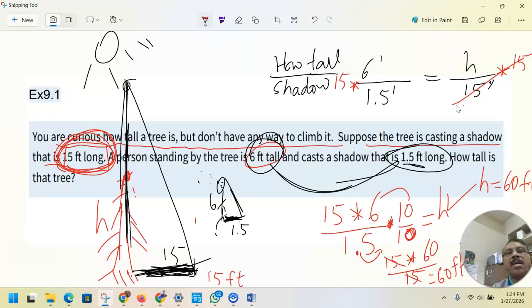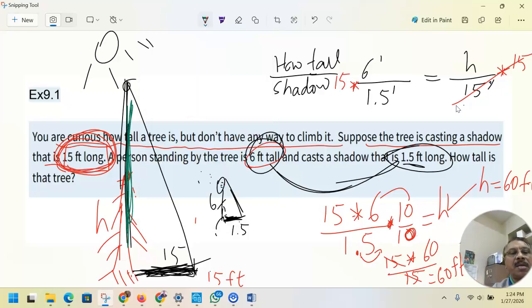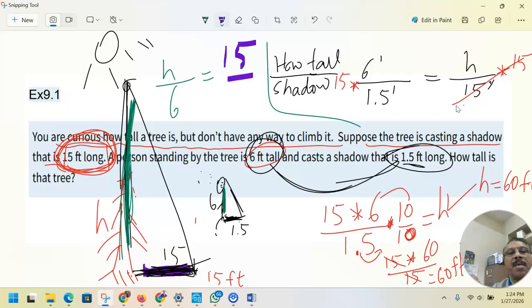Another strategy you could use: the height of the tree over the height of the person, and then the shadow of the tree, 15, divided by the person's shadow, 1.5. This is also correct, and you can work it out and get the same answer.